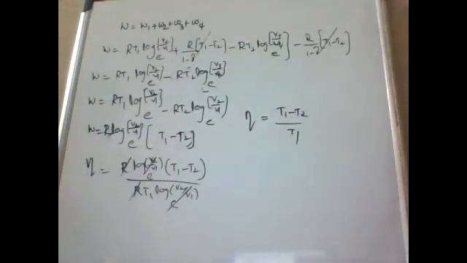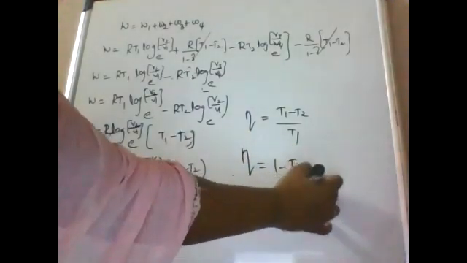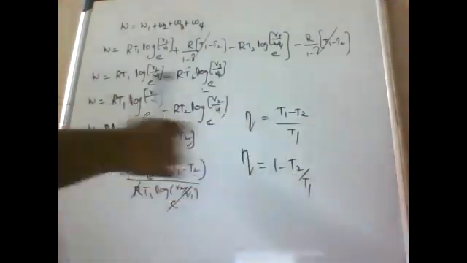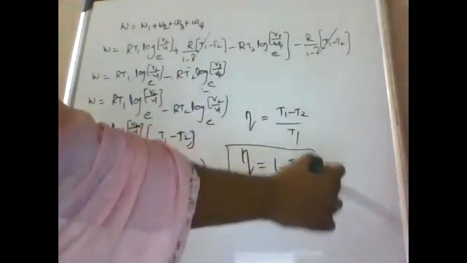This is the efficiency of the engine, or we can write eta equals 1 minus T2 by T1. Here T1 is the source temperature and T2 is the sink temperature.